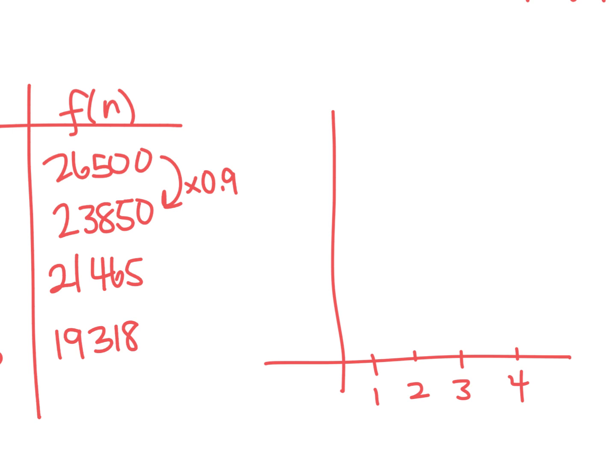So I probably need to go up to maybe 30,000. Should I go every 10,000? That seems like a lot to go by. So this is 10,000, this is 20,000, 30,000.